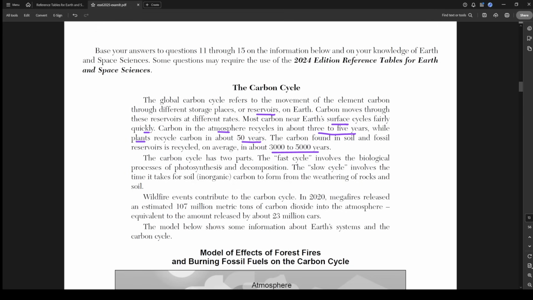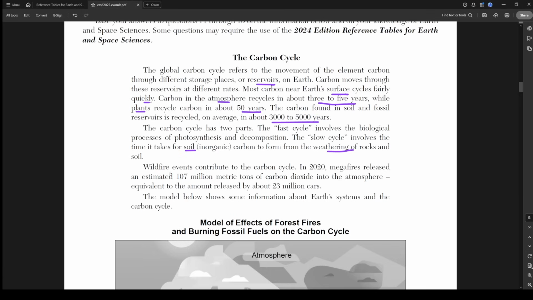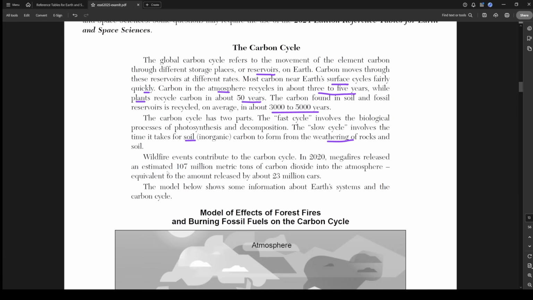Okay. The carbon cycle has 2 parts. The fast cycle involves the biological processes of photosynthesis and decomposition, and the slow cycle is in the soil and the rocks. Okay, so things that are alive can go through it faster. Wildfire events contribute to the carbon cycle. In 2020, mega fires released an estimated 107 million tons of CO2 in the atmosphere, equivalent to the amount released by 23 million cars.